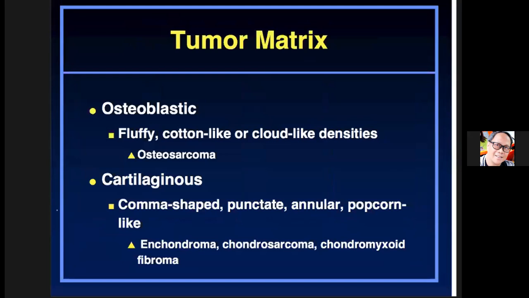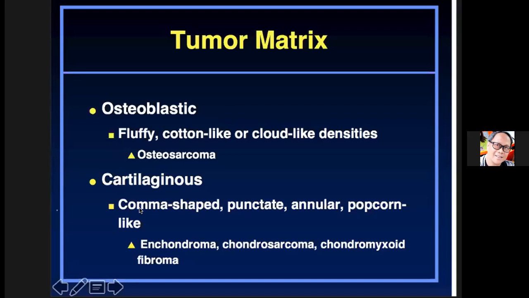For example, osteoblastic lesions tend to have fluffy, cotton-like or cloud-like densities, and this is what you see with osteosarcoma. Sometimes there may be cartilaginous tumors, and one very distinct appearance of this cartilaginous tumor matrix is comma-shaped punctate or annular or even popcorn-like calcifications.